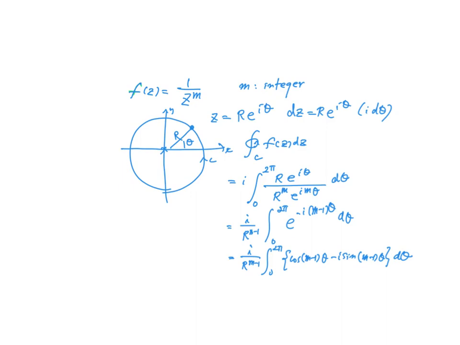So this is very interesting. So this is i 2 pi for m equal to 1, and 0 otherwise. So you have very interesting results.